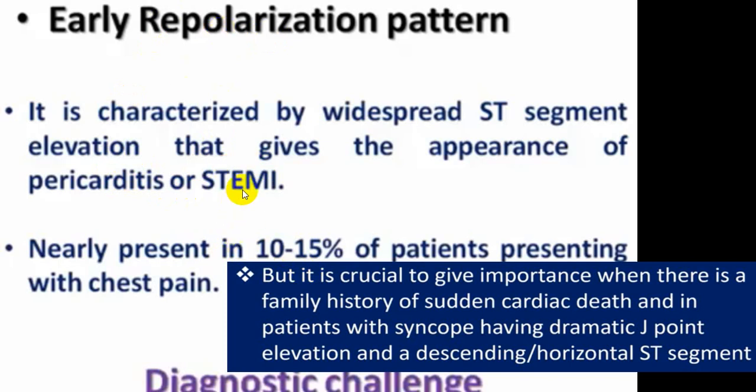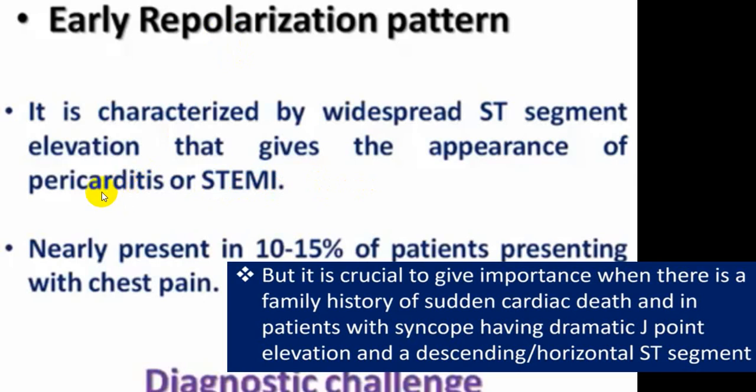If you misdiagnose STEMI, you will be landing up with problems. Particularly the person will be landed up with angiography in a cath lab, and when coronary angiography comes normal, then you look for early repolarization or pericarditis.